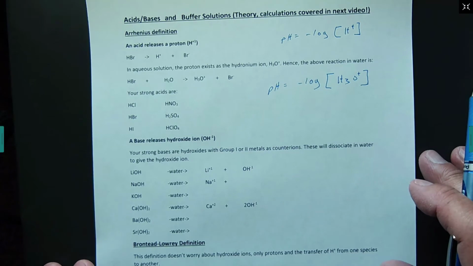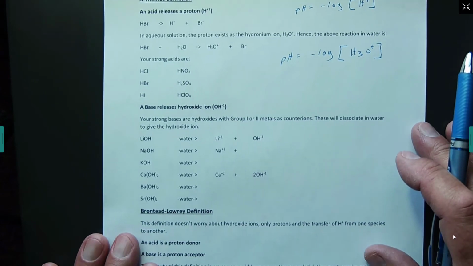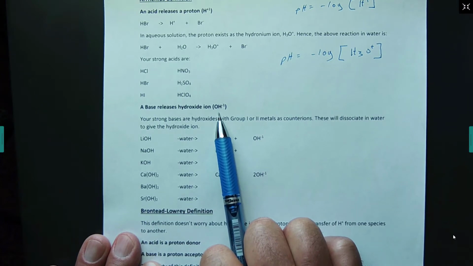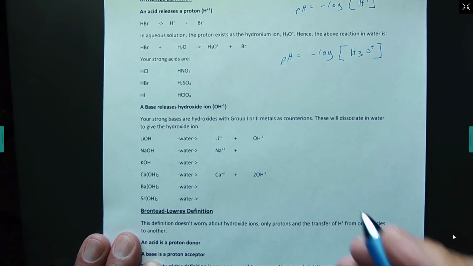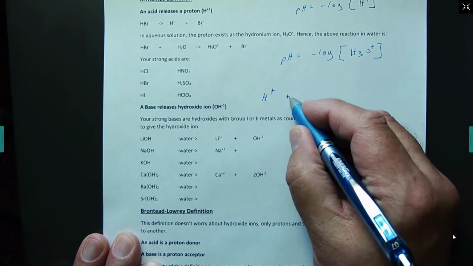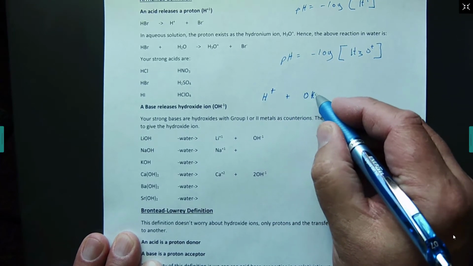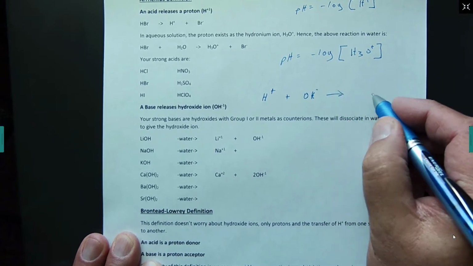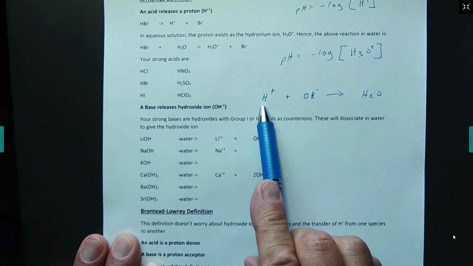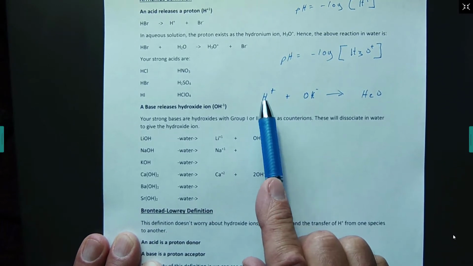Bases. The Arrhenius definition of a base is a base releases the hydroxide. We think of the hydroxide as being the opposite of a proton because, hey, guess what? If you got yourself a proton and you put it together with a hydroxide ion, what are you going to make? You're going to make water. So protons, really corrosive things.